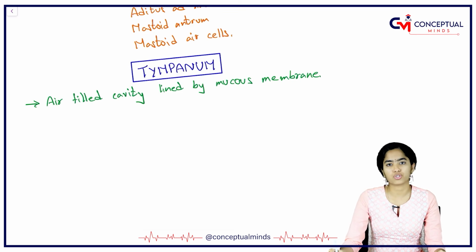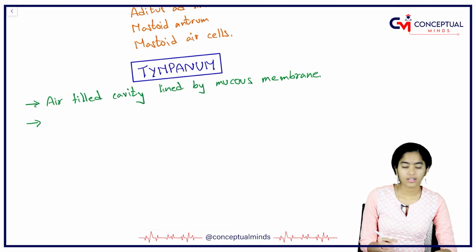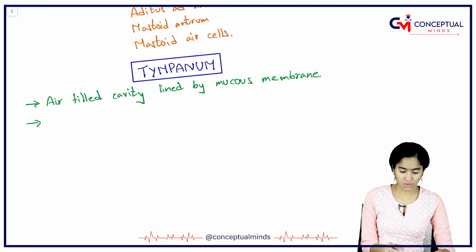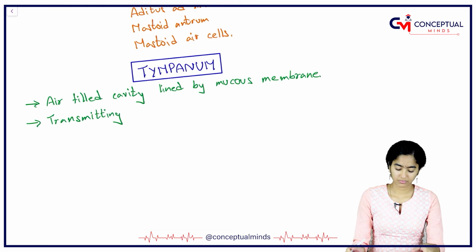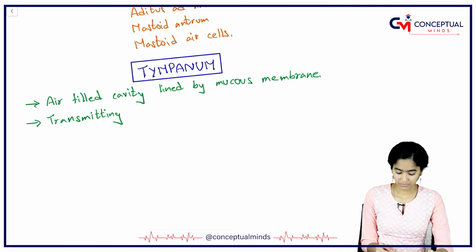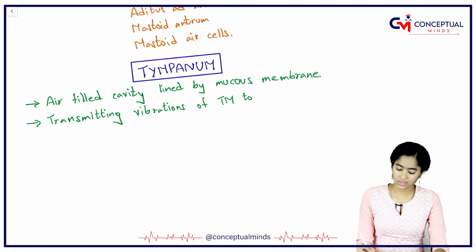These are the two functions of middle ear. It basically does the job of transmitting the vibrations of tympanic membrane to the inner ear.